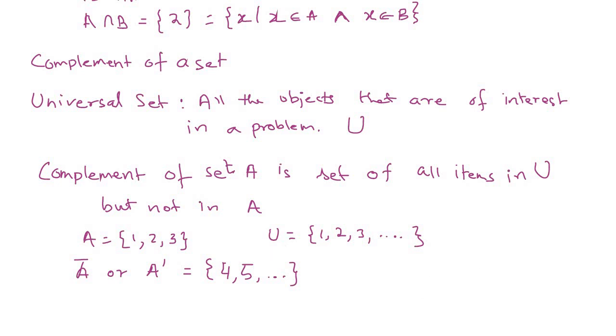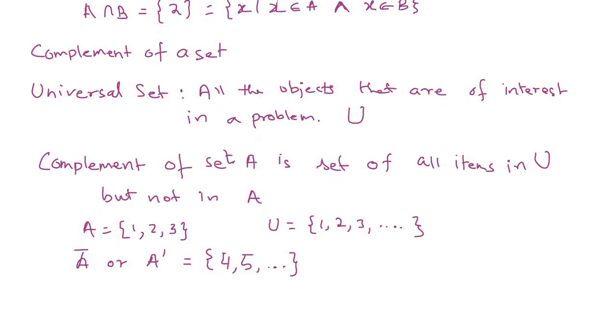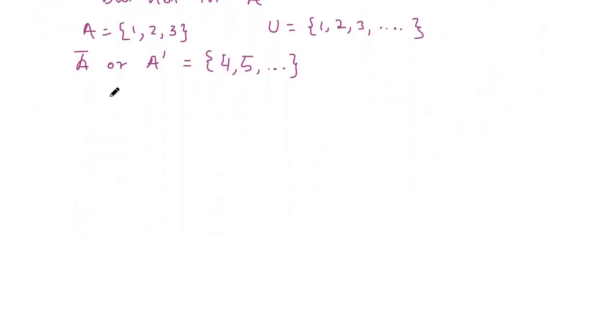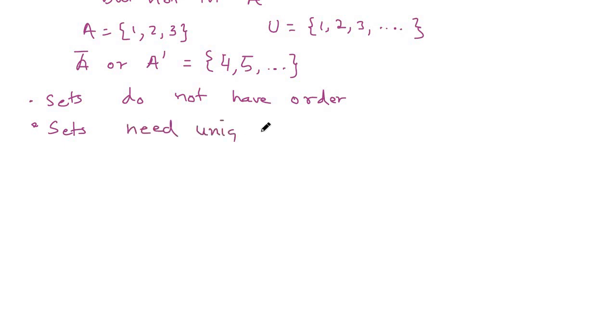Now, in sets, we know that we cannot have order. Sets do not have order, which means sets do not care about the order of items they are put in. Similarly, sets also require unique elements, so no duplicacy is allowed.